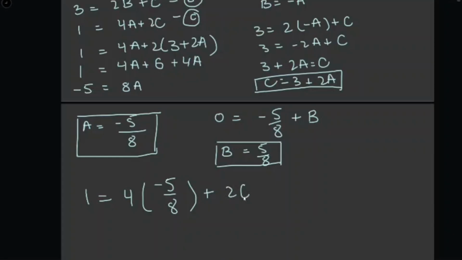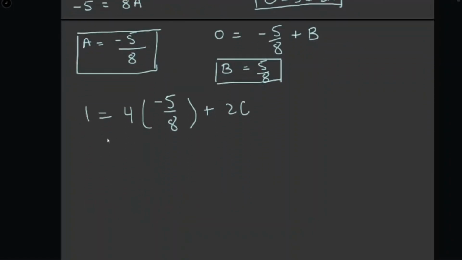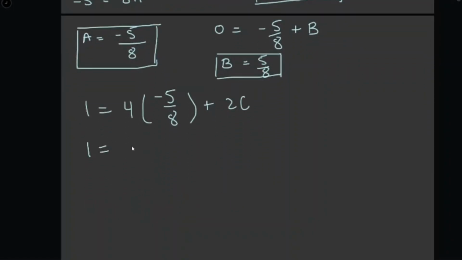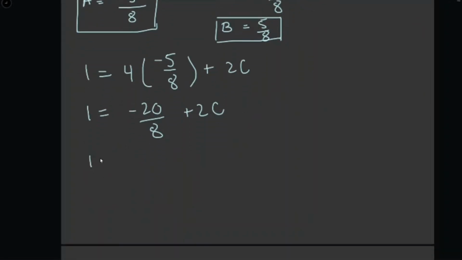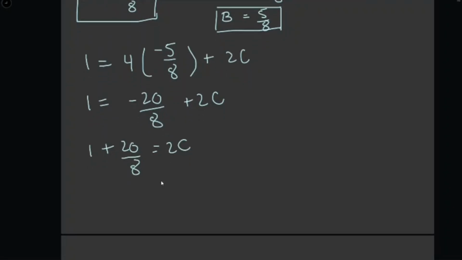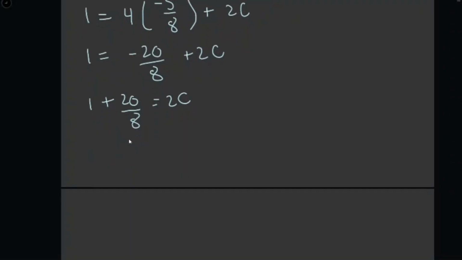And here we would just write 2c. Now let's solve this. We get minus 20 over 8 plus 2c. Take it to the other side. 1 plus 20 over 8 is equal to 2c.